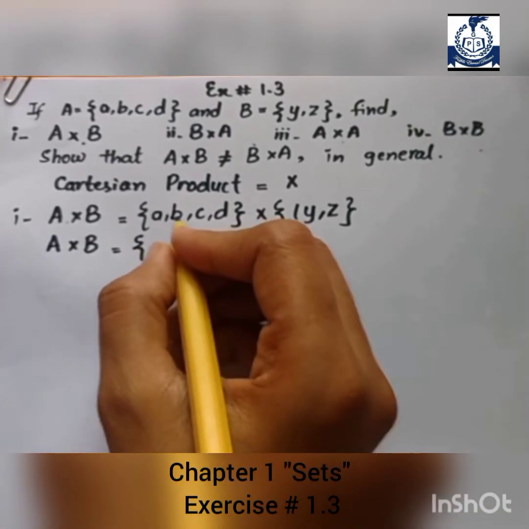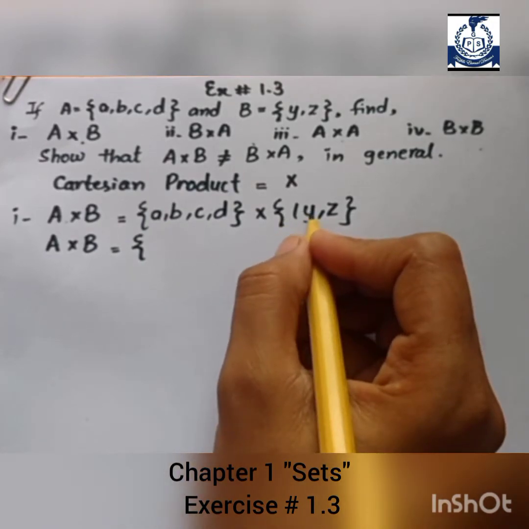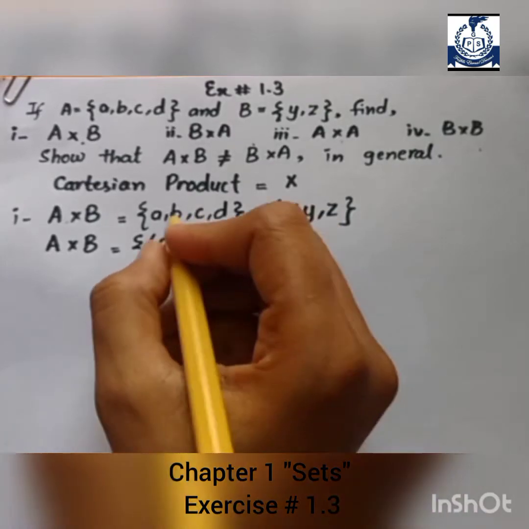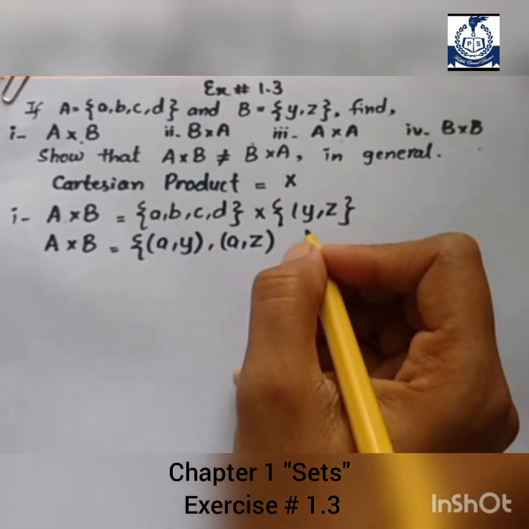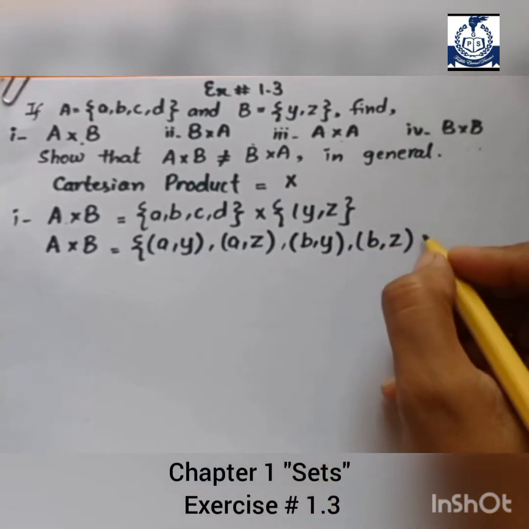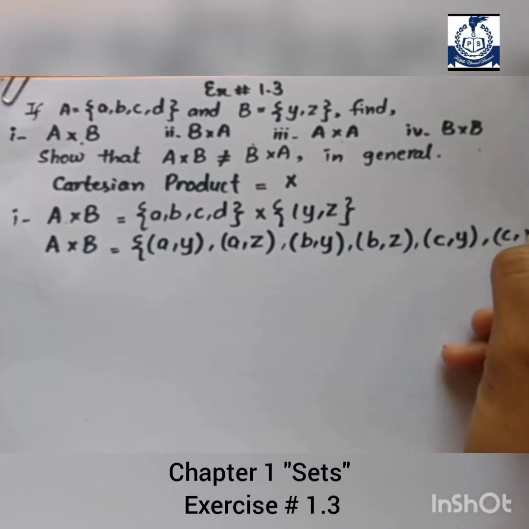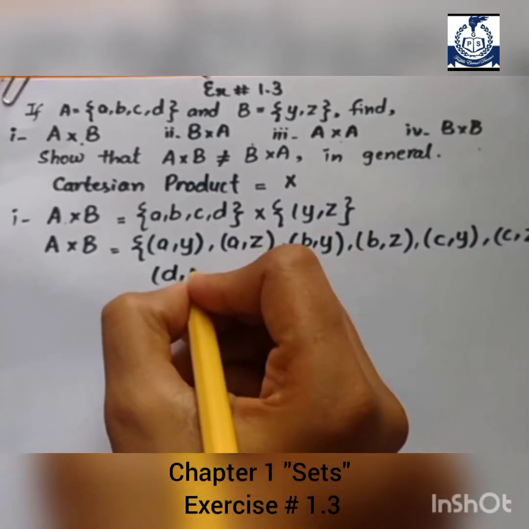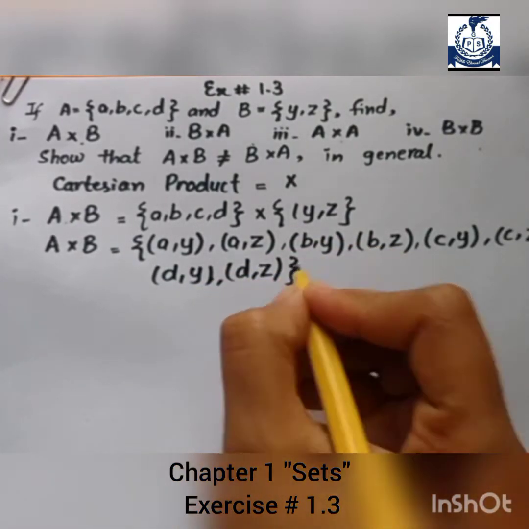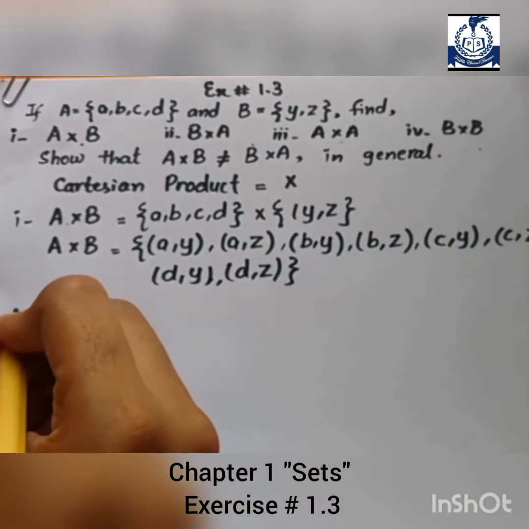A has 4 elements and B has 2 elements, so 4 2s are 8, so we make a total of 8 elements: a comma y, a comma z, b comma y, b comma z, c comma y, c comma z, d comma y, d comma z. So 4 2s are 8, so we make the 8 set.